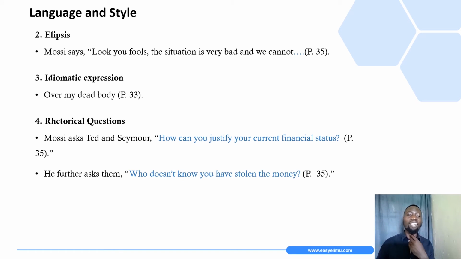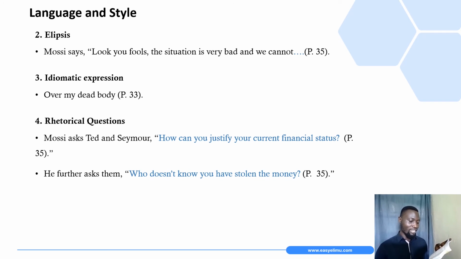Then the next that we have is use of idiomatic expression. So in page 33, that is over my dead body. So again, who says this? Yeah. So these are Moses' utterances.